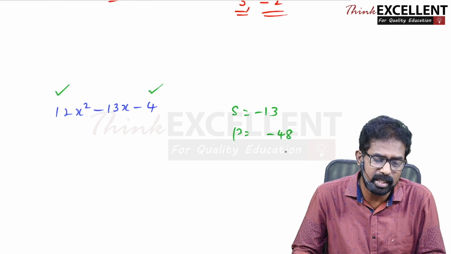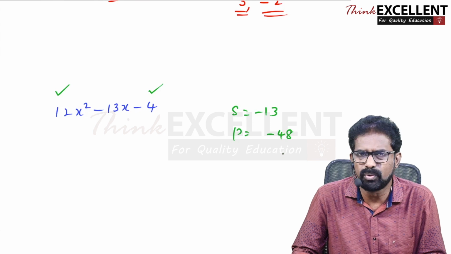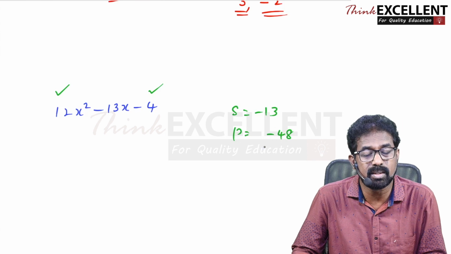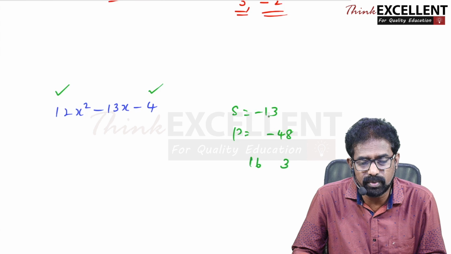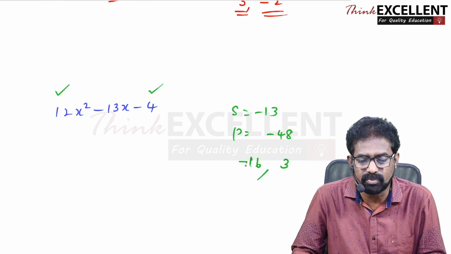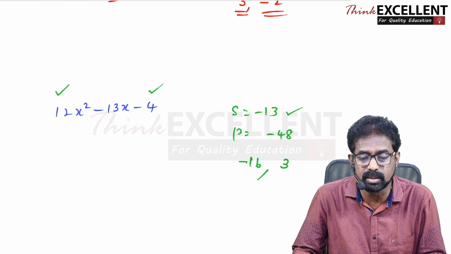Product minus 48 you have to get. So 12 and 4, right? But you won't get 13. 16 and 3. 16 threes are 48. But the total we need is minus 13. So minus 16 and 3. If you add it, you will get minus 13. If you multiply, minus into plus, it is minus; 16 threes are 48.